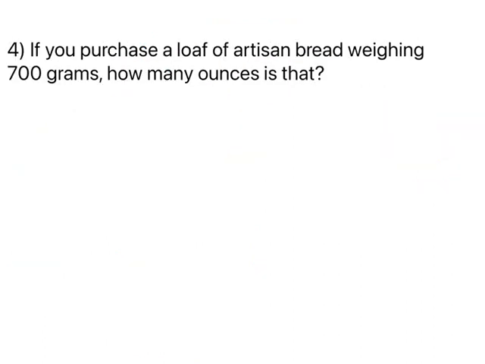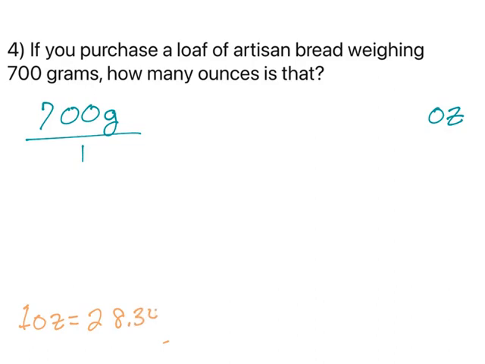Number 4, if you purchase a loaf of artisan bread weighing 700 grams, how many ounces is that? Okay, so I'm starting with 700 grams. I want ounces. Well, what do we know? We know that 1 ounce is 28.3495 grams. Great. So I'm going to put grams on the bottom, so 28.3495 grams and 1 ounce in the numerator.